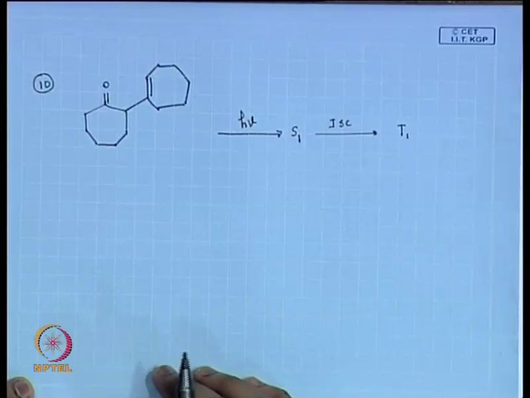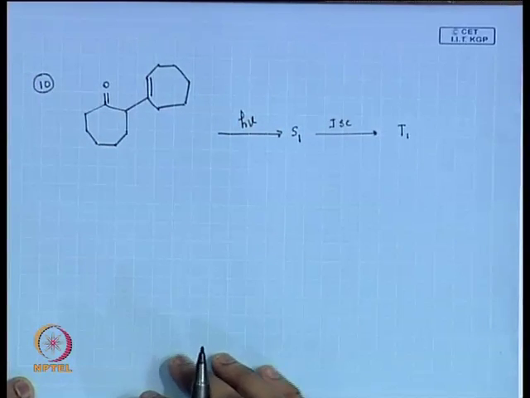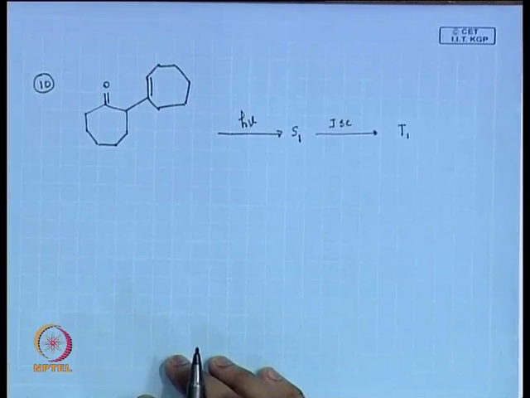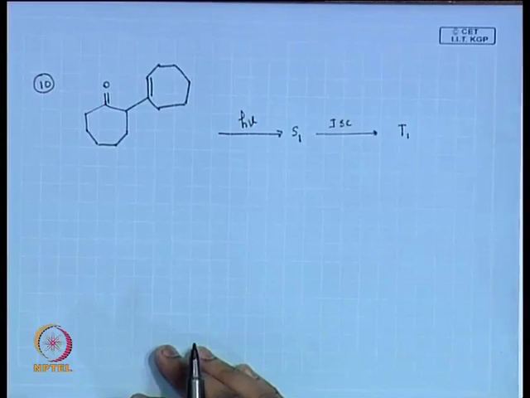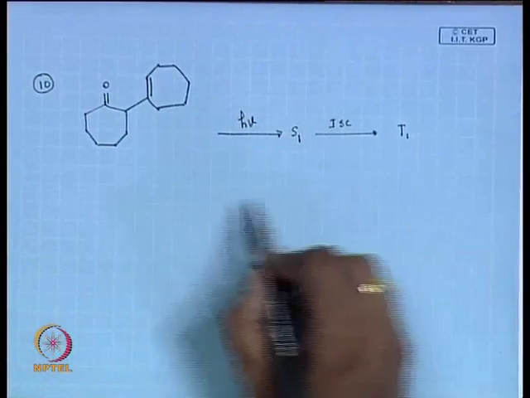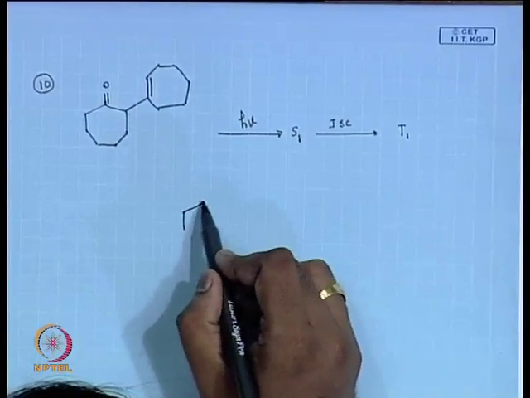How many people say it goes by the Paterno-Buchi reaction? How many people say it does not go by Paterno-Buchi, like an intramolecular cycloaddition? You get a radical like this.